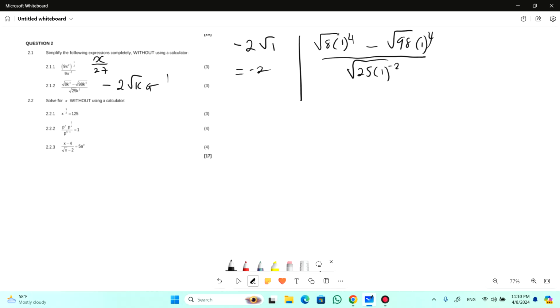Okay, here again, there's no calculator, just plug it in a calculator, and you'll get 2 root 2 minus 7 root 2 over 5. These are like terms, so 2 minus 7, that's negative 5 square root of 2, right?